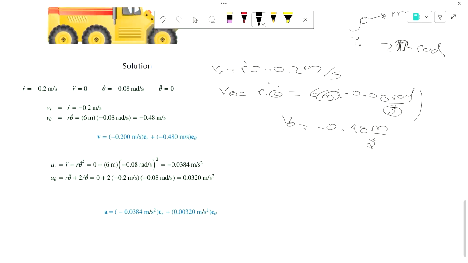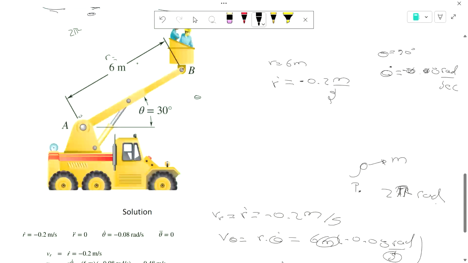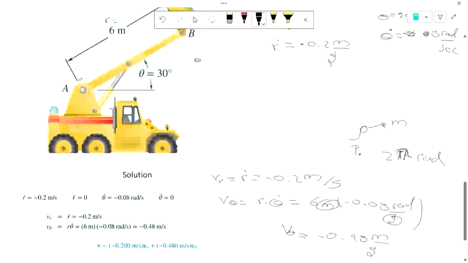Don't get confused. Radians are not going to be part of your velocity. The tangential component is meters per second. So when they give you radians per second, that is the rotational speed of the particle. But when they give you the tangential or transversal velocity with respect to the point, they're expecting to see meters per second.